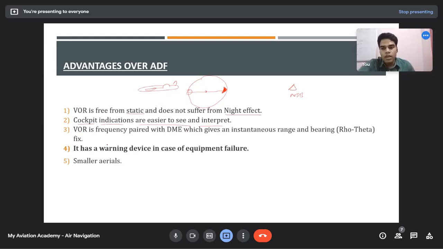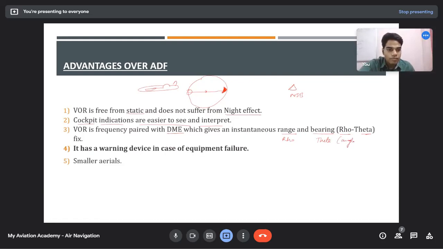We'll see how. VOR is frequency paired with DME. DME is also a chapter in radio navigation. DME is something we use for measuring the distance. So not only the bearing, you can also find the distance from the airport. This is very important. Range and bearing, also known as rho-theta combination, because one gives you rho, which is the range, and bearing gives you theta, which is the angle.